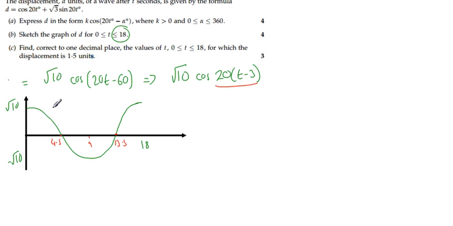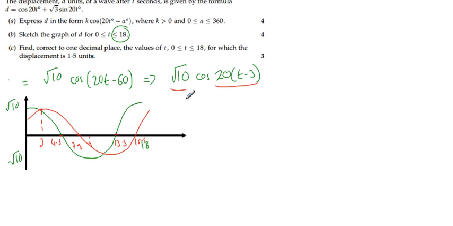This whole graph is going to move sideways 3. So it's going to move from here, down here, up here, and back out. And just to finish it off, I'm just going to have that there. So that point is at 3, this point here is at 7.5, and this one's at 16.5 there. Okay, so that's your graph.